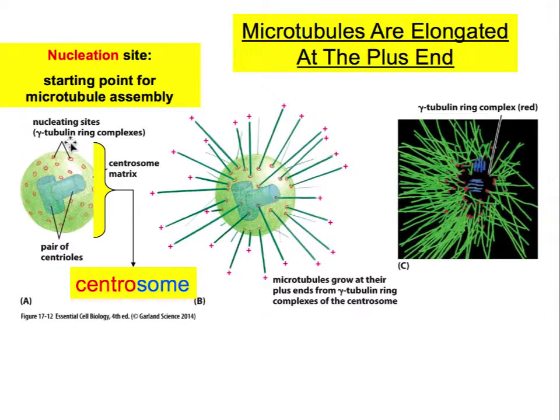So gamma tubulin forms a nucleating center on the surface of the centrosome, and that's then used for building up the individual filaments that then radiate in different directions. But the gamma tubulin will only grab hold of the negative side of the molecule and not the positive side. So all the positive sides are facing away from the centrosome, as indicated here.